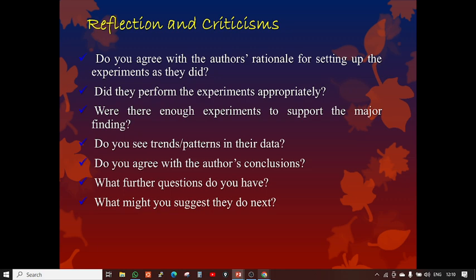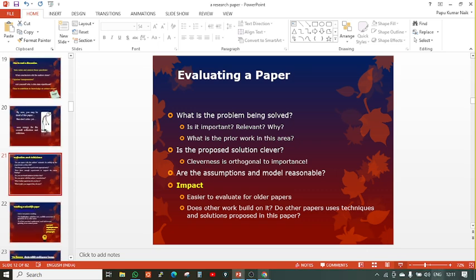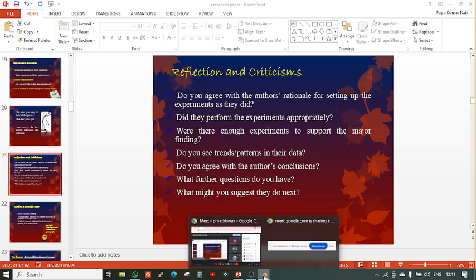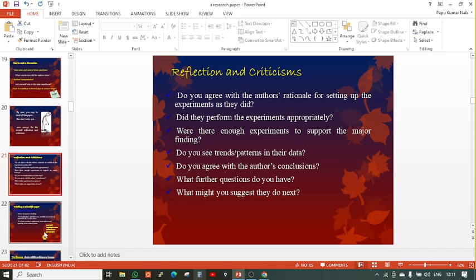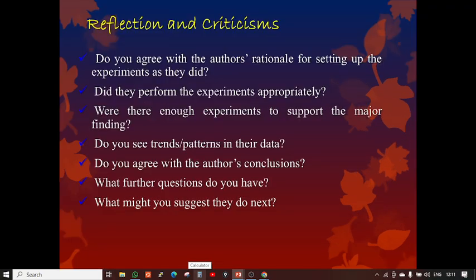Reflections and criticisms कैसे करना है? How do you criticize or reflect on all these things? So, do you agree with the author's rationale and the setting of the experiment they did? इतने सारे काम करने के बाद, are you going to agree with the results and discussions according to the authors or not?